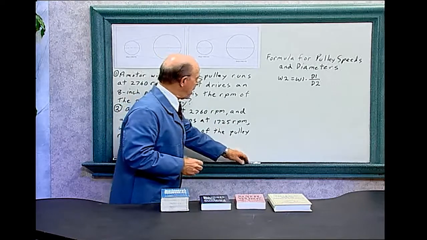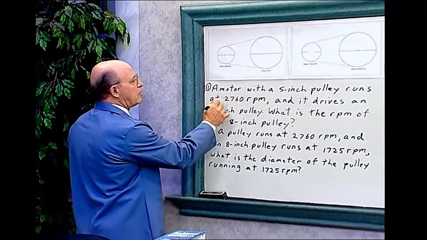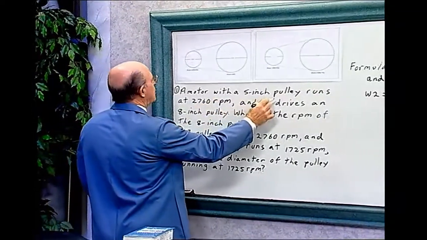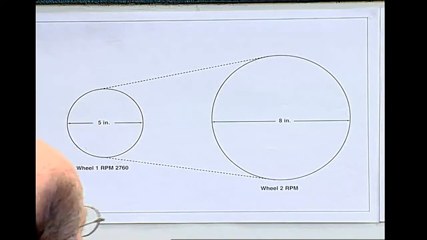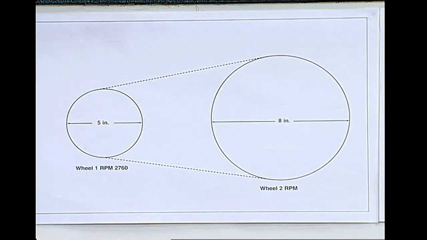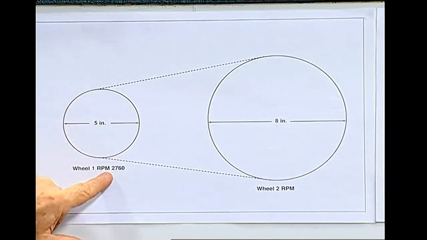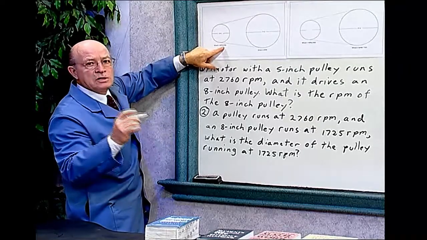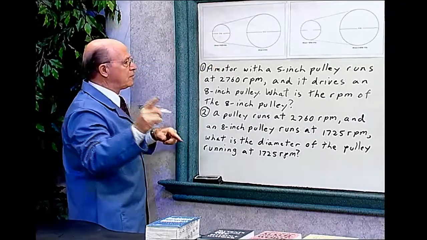Now let's look at this problem here on the board. Number 1, a motor with a 5-inch pulley, that's up here, this is a 5-inch pulley, runs at 2,760 RPM. So this pulley wheel, the revolutions per minute, that's what RPM stands for, is 2,760 revolutions for every minute.